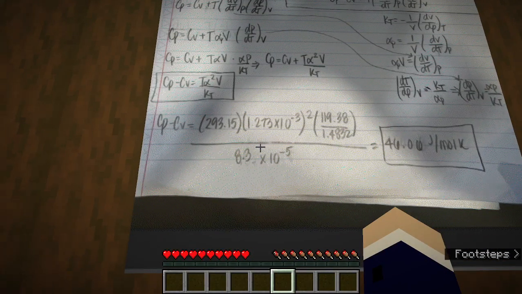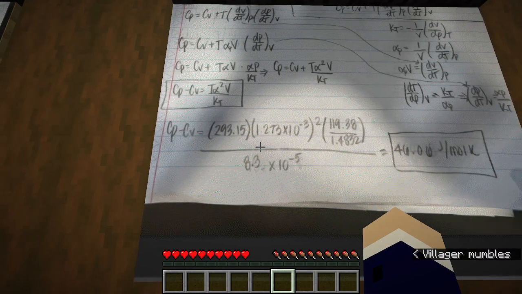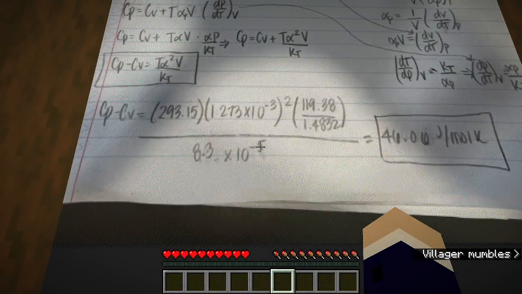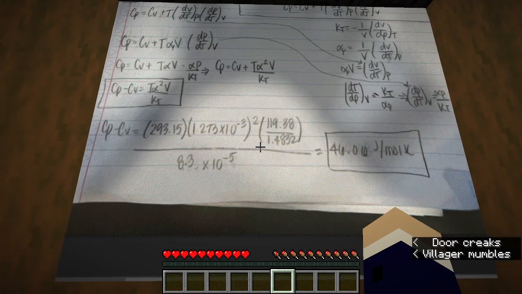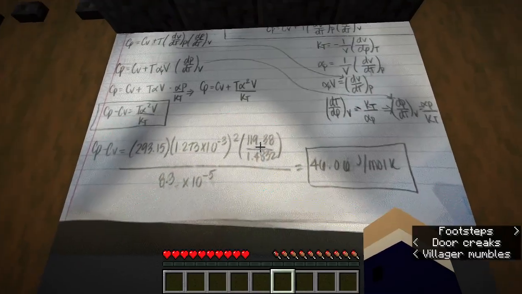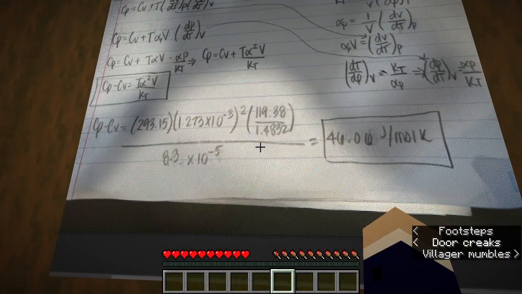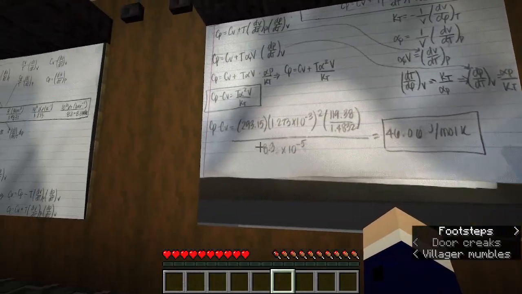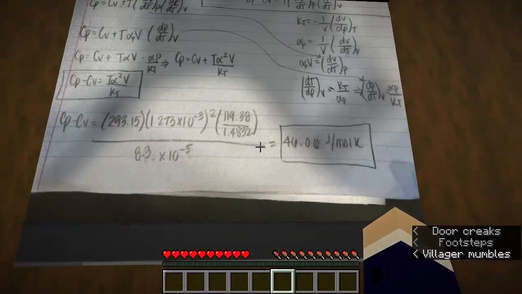We end up with 293.15 multiplied by 1.273 times 10 to the negative 3 squared, multiplied by 119.38 divided by 1.2832, all of that divided by 8.3 times 10 to the negative fifth.